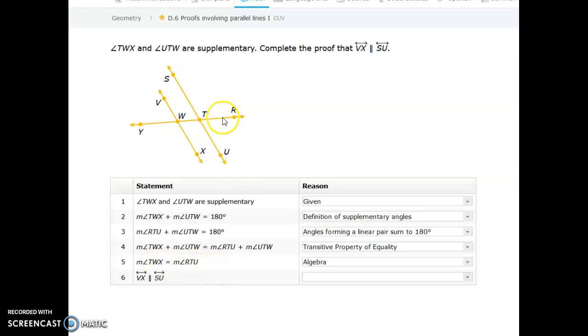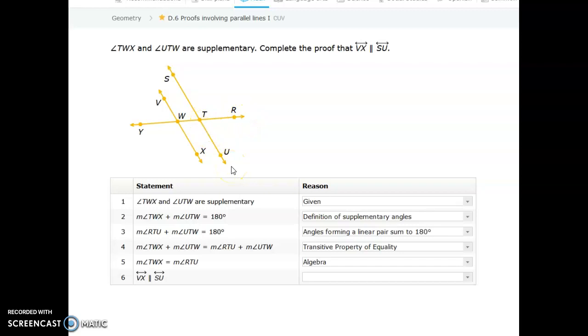Okay, so we've got TWX and RTU. Those are corresponding angles. Okay, TWX and RTU are corresponding angles.